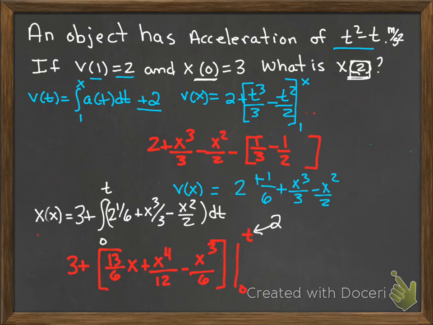So as I evaluate this, we're going to have 3 plus 13 times 2 over 6 plus 2 to the 4th over 12 minus 2 to the 3rd over 6, minus all of this at 0, and since these are all polynomials, that's just going to be 0.